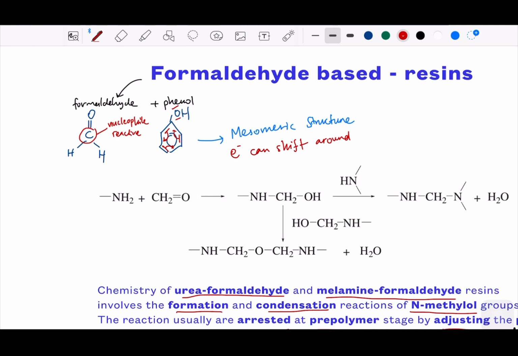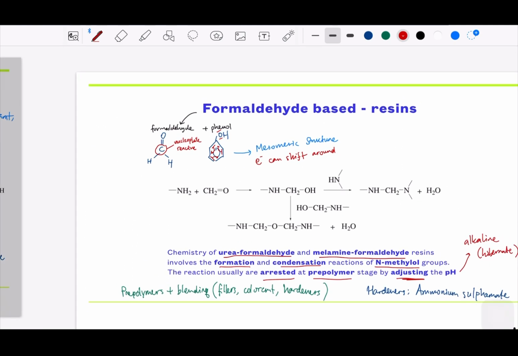It depends on the reaction, on the environment, so it can be done in both environments. And I think in the previous slides, if we take the base catalyst, we call them resols. If we take the acid catalyst, we call them novolacs. But that is just an example. Okay, so this is the basics.